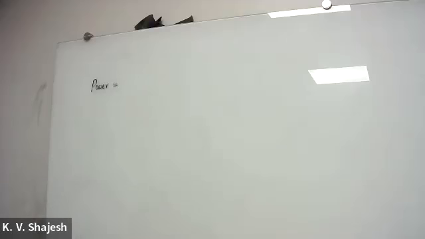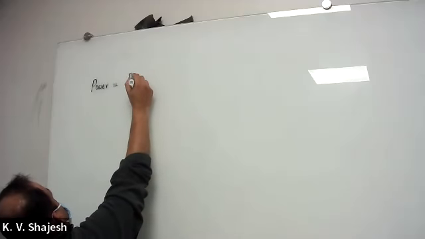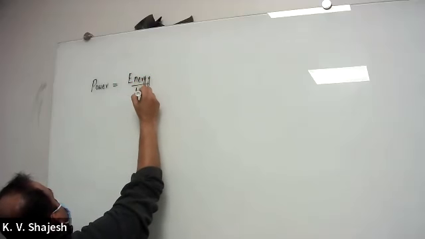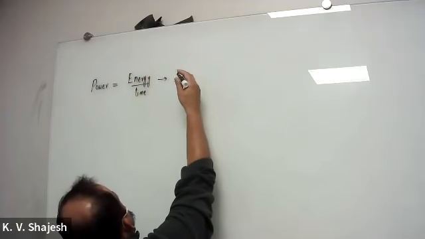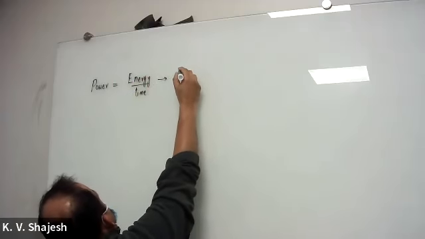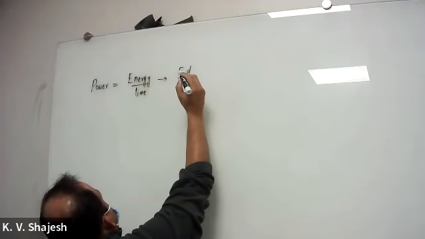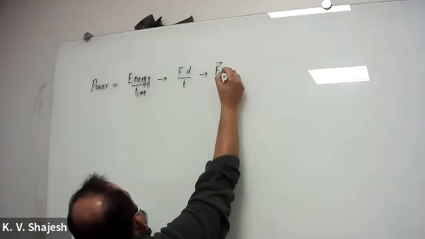Correct? The rate at which energy is dissipated is what that is. Energy per unit time. And if you think of this, energy is force times distance, and divided by time. Distance by time, that's force times velocity.